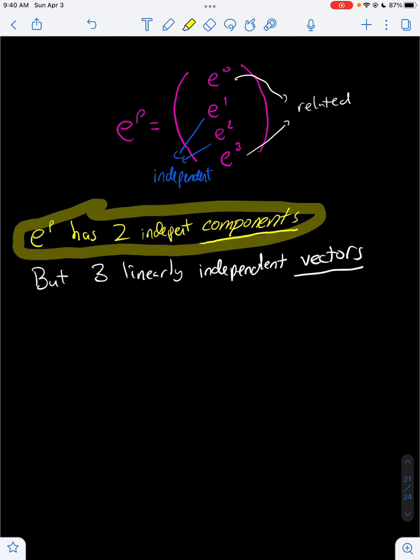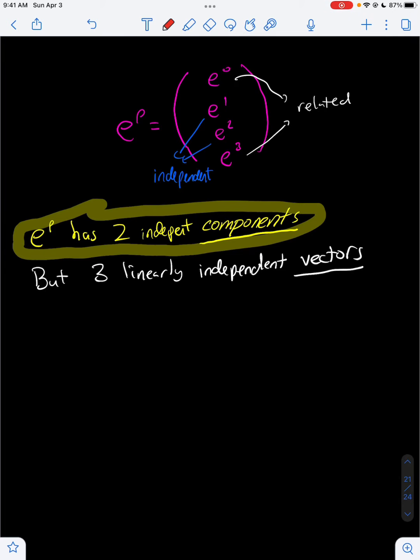So no one is saying that E rho has three independent components. They're all saying that E rho has only two independent components. So we were actually right. When I said that everyone else says it has three independent components, forget that I said that. They don't. Everyone else does agree that E rho has two independent components.